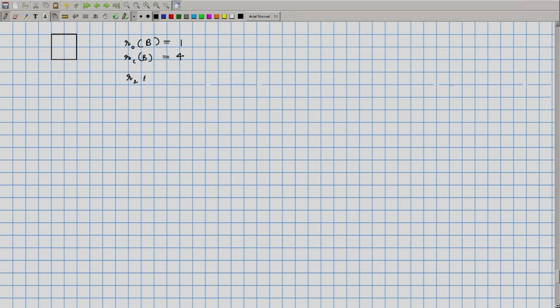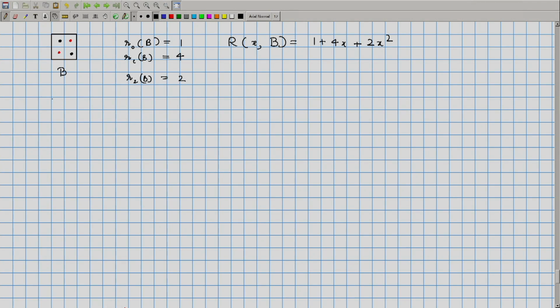R2b: if you place a rook at the top left corner, then the only place where you can place a second rook is on the other diagonal. This is one way, and the other way is indicated by the red colored placements. So there are only 2 ways, and therefore R2b is equal to 2. We call this board B, and denote the Rook polynomial by R of x. So, R(x, b) will be equal to 1 plus 4x plus 2x square.